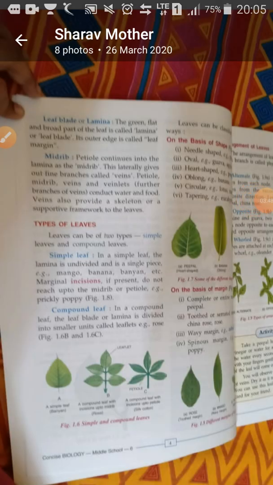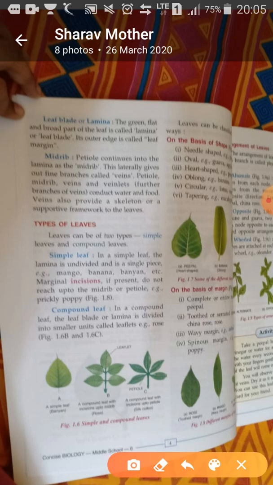In the previous page we studied the first part of a leaf, which is petiole. Now there are three parts. The first one is the petiole. The second one is the leaf blade or lamina. The third one is the midrib. Petiole I've already explained. What is leaf blade?